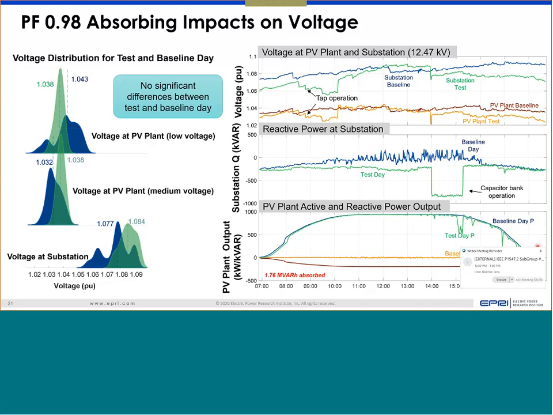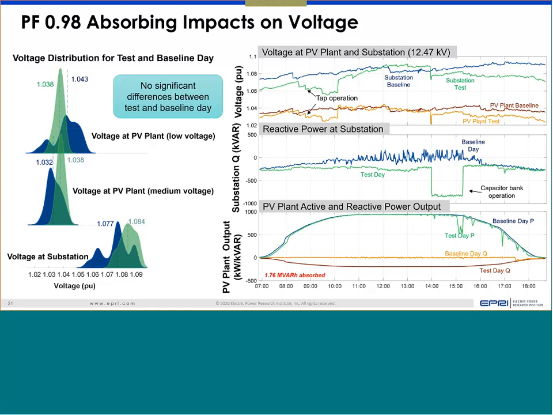The other point I wanted to highlight here is what happened to the net reactive power demand at the substation, and this is what is shown on the right side in the middle figure. This type of data is also only possible if you have the meters available to collect the information. So you can see that at unity power factor, the reactive power was relatively close to 0 for most of the day.